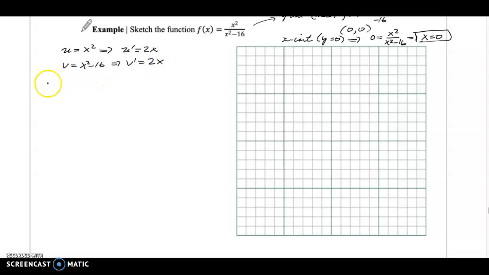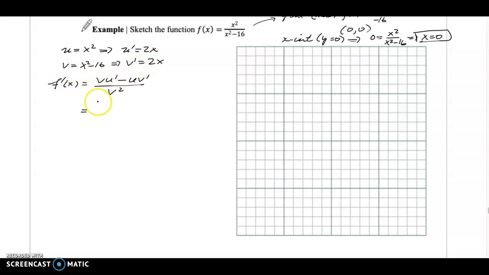Now we can put it all together. So f prime is going to be equal to the following: low, which is v, d high, minus high d low, all over low low. So I'm doing my yodeling. I'm going to put all the pieces together now.